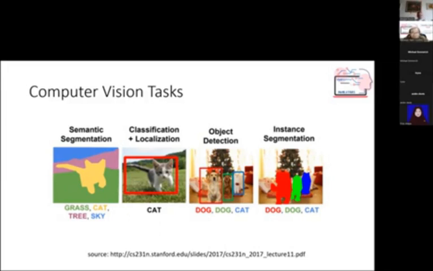Semantic segmentation is a computer vision problem in which our task is to assign a class to each pixel in the image, using that image as input. In semantic segmentation, we don't care if we have multiple instances of objects of the same class. We simply label them all with their class.